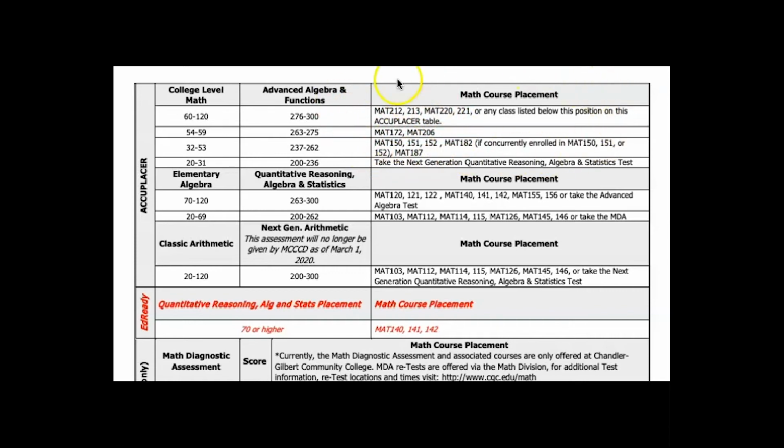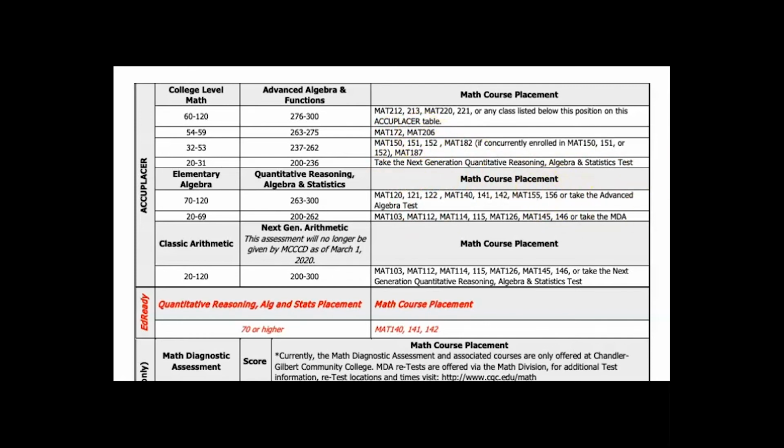Most students will have a math placement that has multiple options. Your major will determine which course is best for you. Typically, students pursuing a science, technology, engineering, mathematics, business, or related field take a math class that begins with a Math 1-2 or Math 1-5, such as Math 121, 122, or 150, 151, or 156.